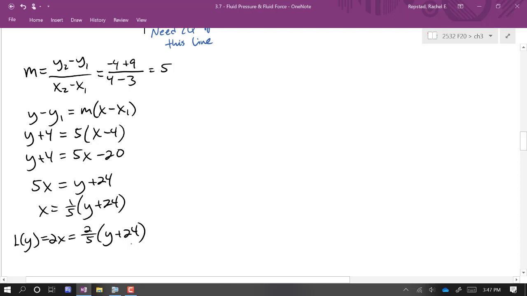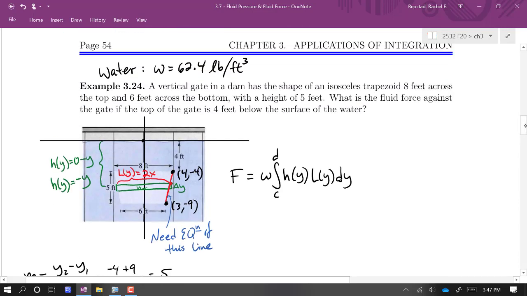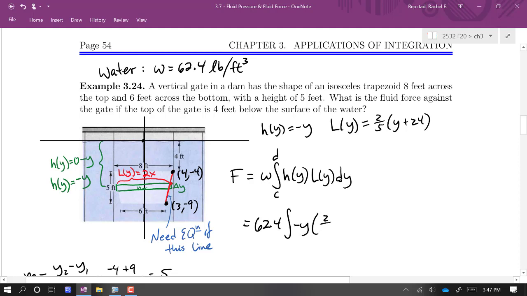Alright, so we have the pieces we need to put into the integral. Let's go up here. I'm going to scroll back up. We know that h of y is -y. We know that L of y is 2/5 times y plus 24. So let's plug this stuff in. W is the integral of 62.4 times minus y times 2/5 y plus 24 with respect to y.